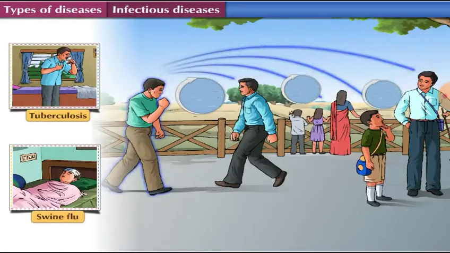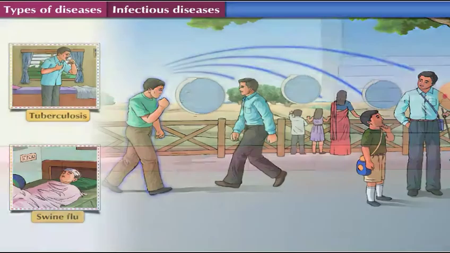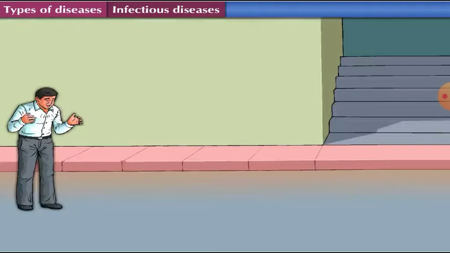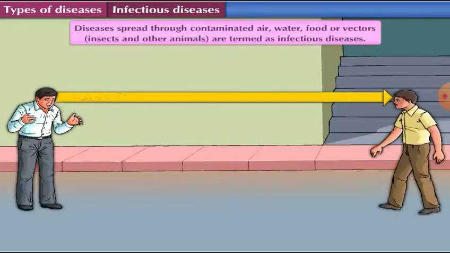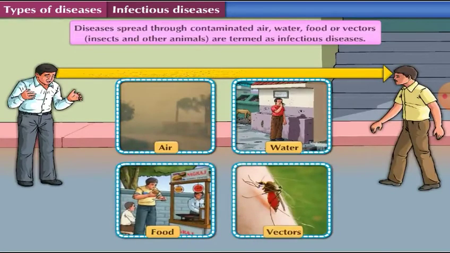Tuberculosis and swine flu are airborne diseases which spread when the infected person coughs or sneezes and the contaminated air is inhaled by others. Thus, we can say that diseases which spread through contaminated air, water, food, or vectors like insects or other animals are termed as infectious diseases.